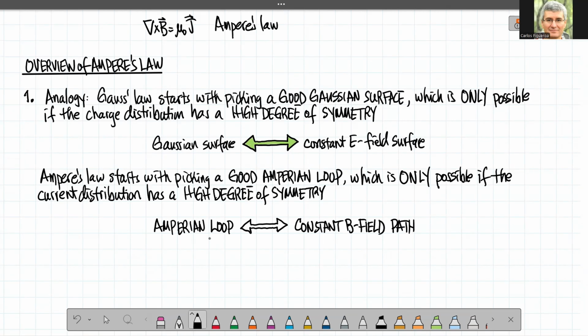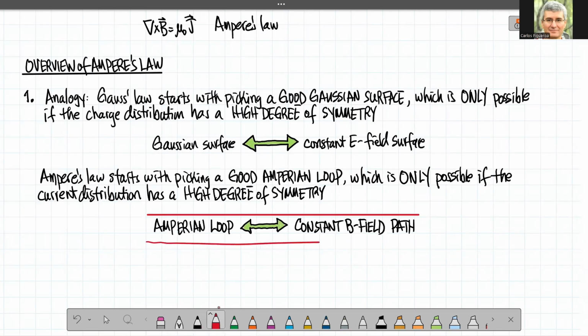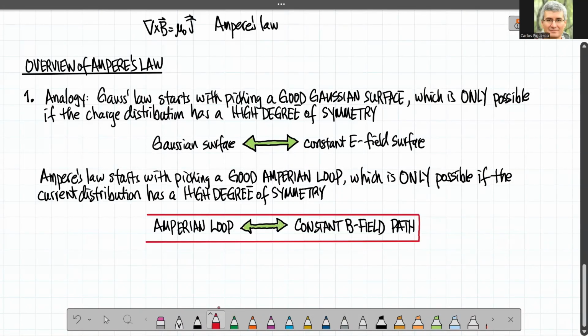And this is key because that now allows me to take the B field out of the line integral. So this becomes very important in the scheme of applying this. If you can't pick an Amperian loop where this is the case, then it's easier to use the Biot-Savart law. Okay? It's easier to use the Biot-Savart law.